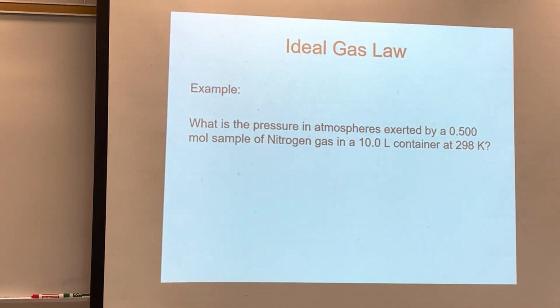What is the pressure in atmospheres exerted by 0.5 mole of a sample of nitrogen gas in a 10-liter container at 298?